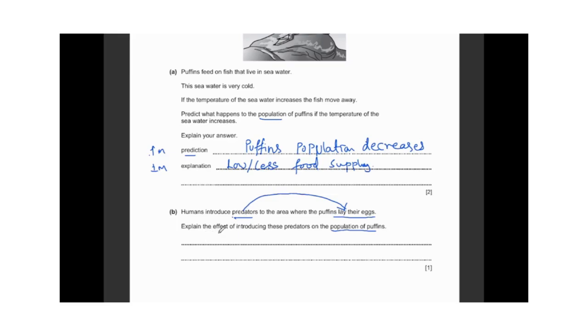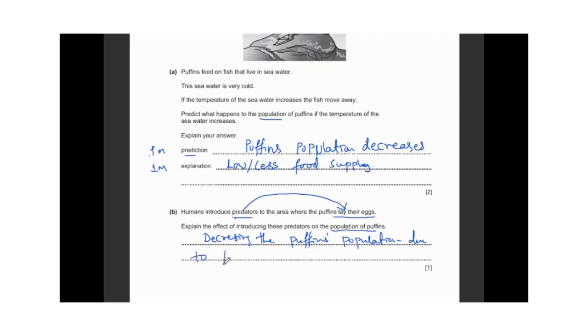So here the effect of introducing the new predator will be decreasing the puffins' population due to what?